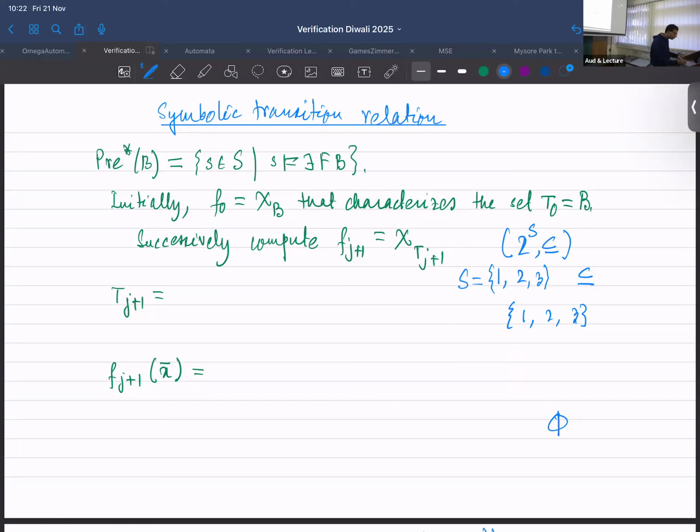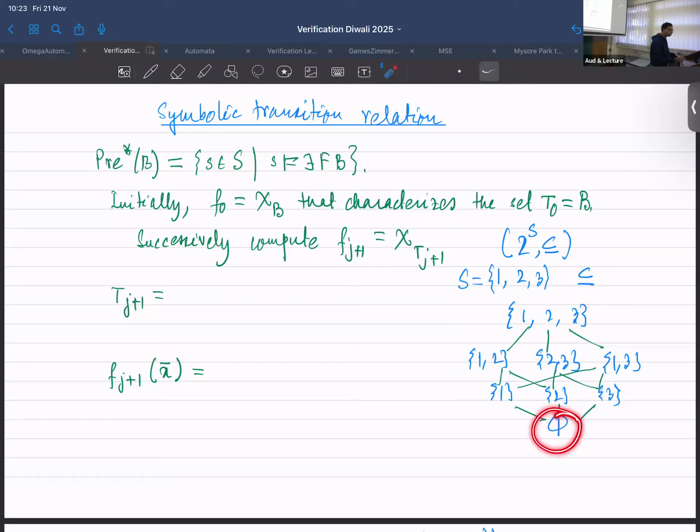It's a partial order because you can have {1, 2}, {2, 3}, {1, 3}, and so on, and then everything. So this is the top element, in the sense that for every element in the domain, it is below this using the subset relation. And this is the bottom element.